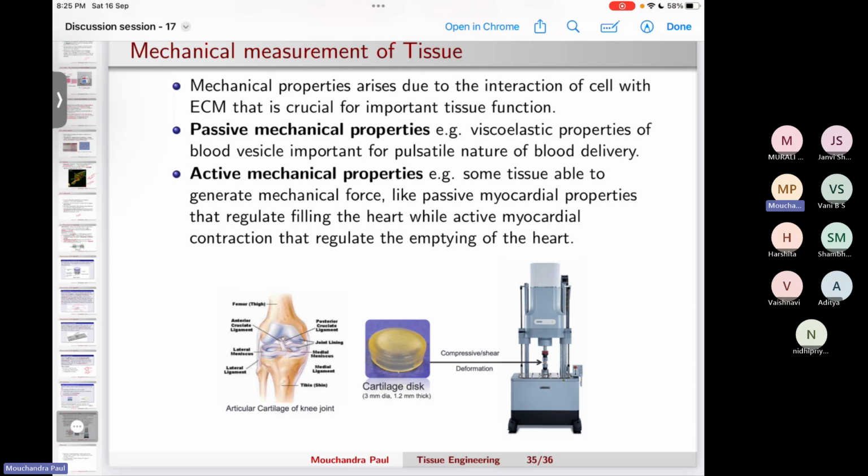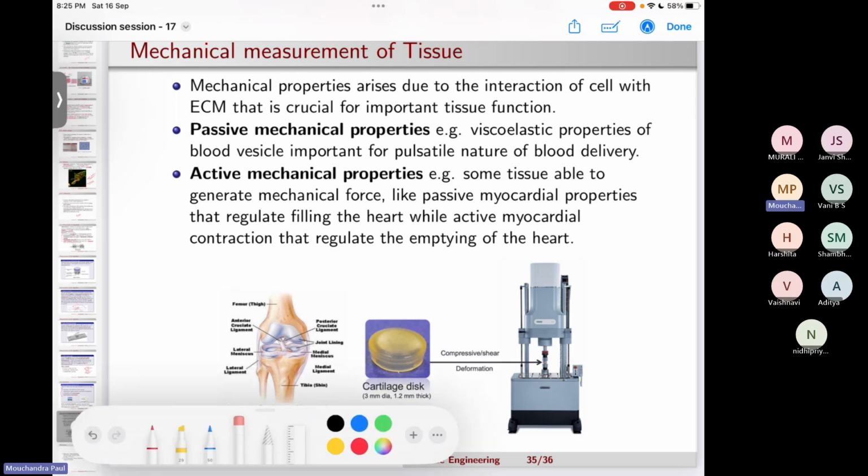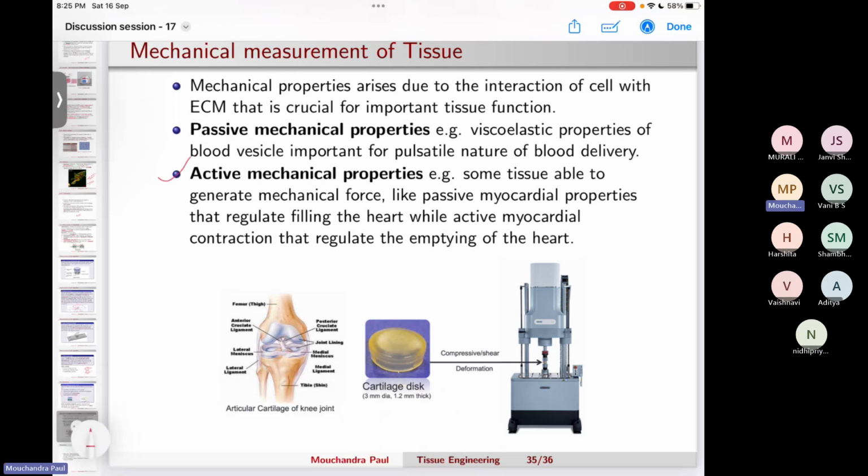So there are again two techniques. One technique is through the passive way, another is through the active way. In the active way, you directly use some machine. It is called a mechanical testing machine, through which you apply some force to generate a strain on your material, and in response to which you calculate the stress.